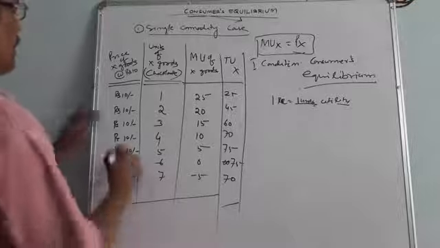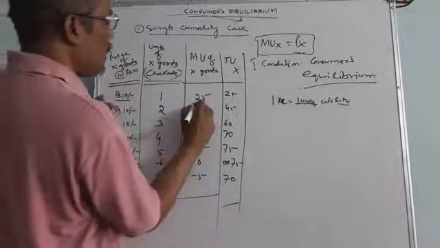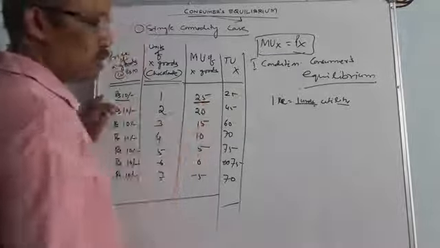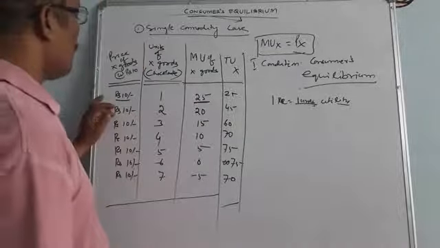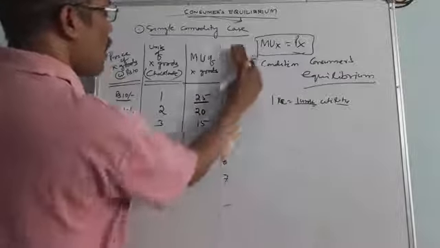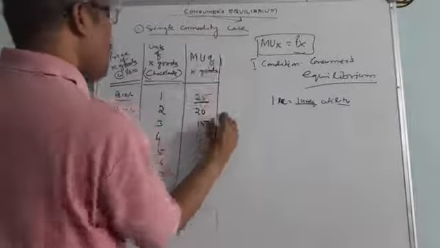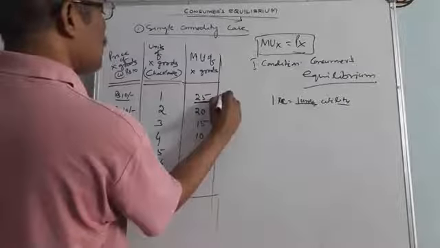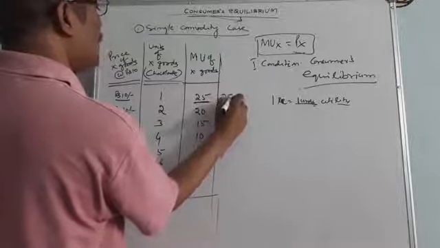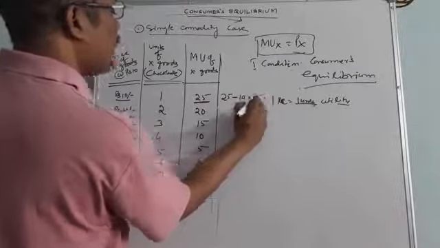So in the first case, when you are spending 10 rupees, you are getting 25 units of utility. So how much benefit are you getting? You get marginal utility of 25 and you paid 10 rupees, so you get a benefit of 15.